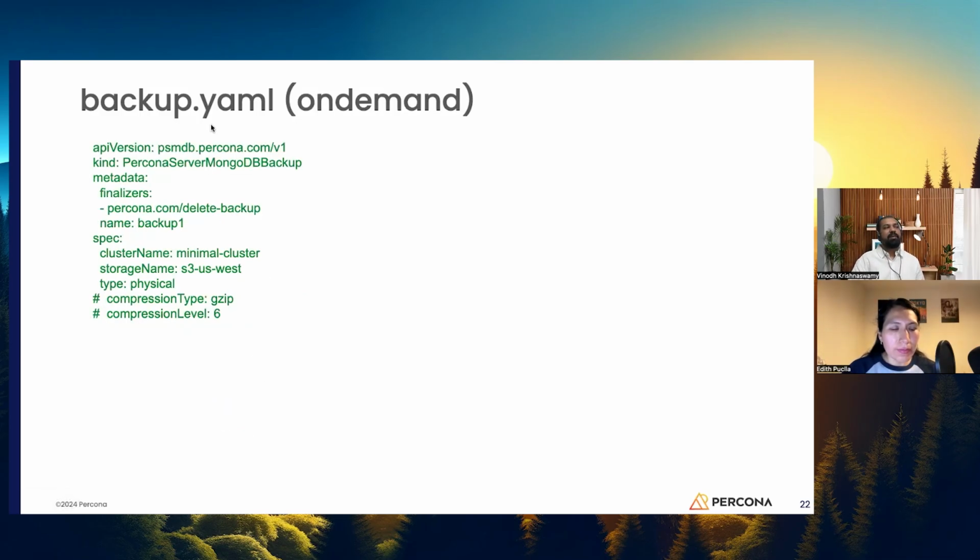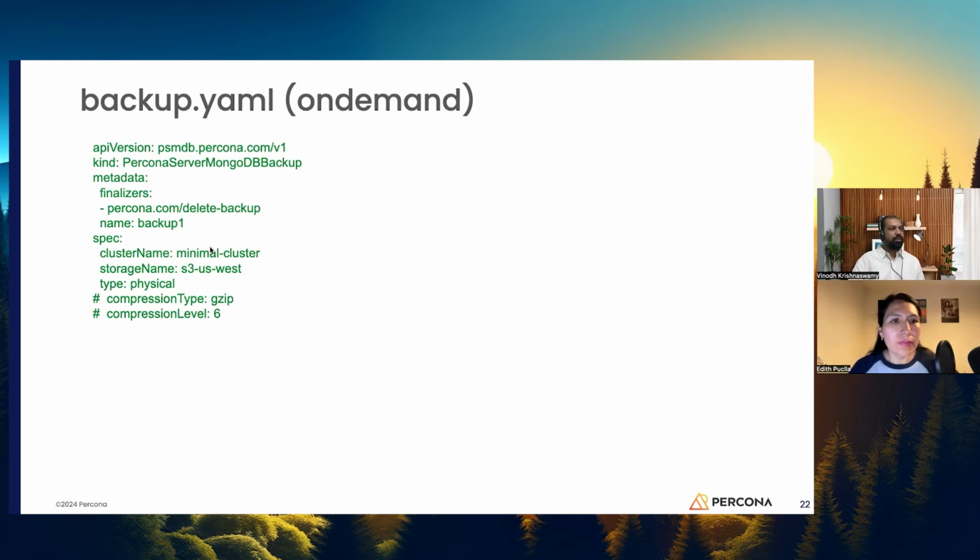The on-demand backup YAML file will look like this, where you give a name to that backup. That is backup one. This is important, and I will tell you why. You also need to match the cluster name here from the cr.yaml. If you mismatch this cluster name, the backup YAML will fail.